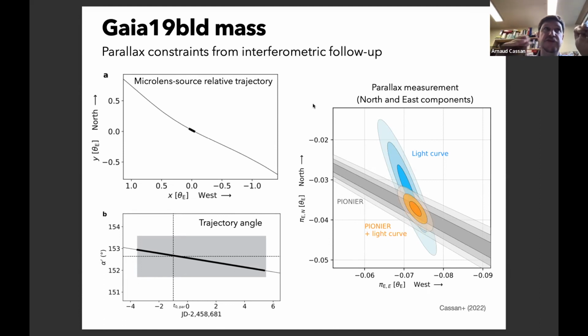But you need to have an alert system when the event increases, and you need to trigger an alert to observe the microlensing event during the peak, and also in the baseline, because this is where you would get the information about the difference in the light curve, and that will give you some information on the parallax.